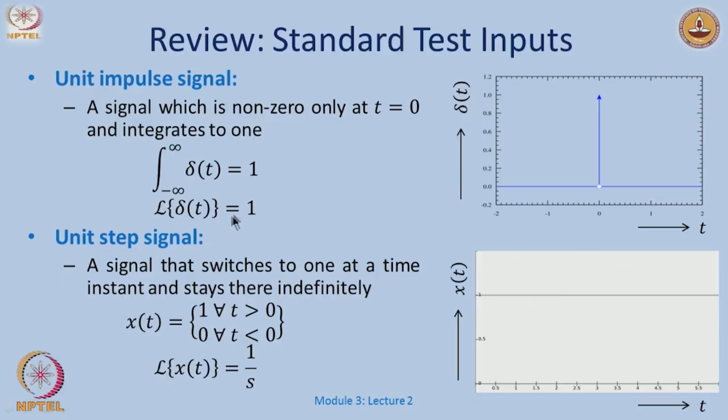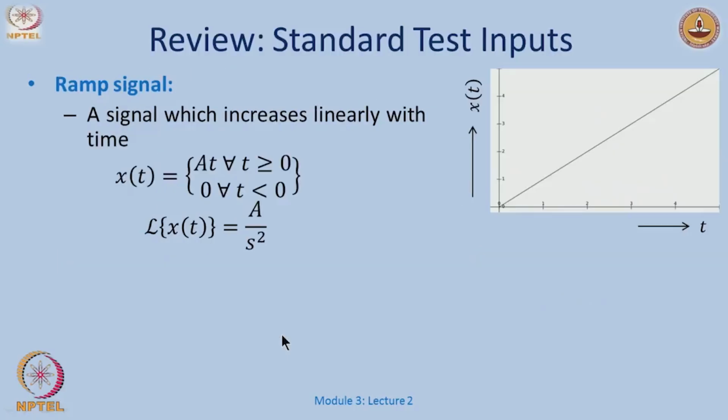The Laplace transform of an impulse is 1 and of a step it is 1 over s. A ramp is constantly increasing with time at maybe a slope of 1, or it could have a different slope depending on the value of a, and its Laplace transform would be a over s square.